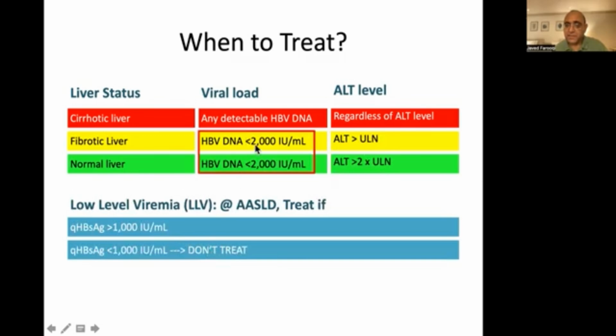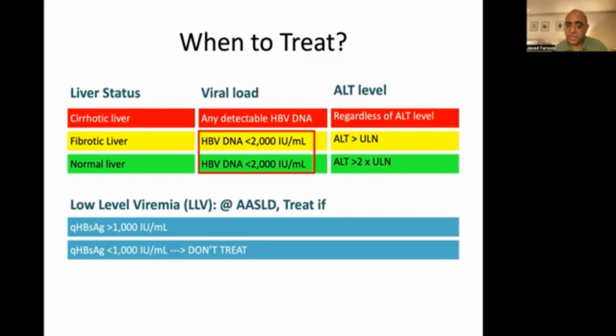If, on the other hand, the DNA is a low-level viremia, in case of fibrotic liver or normal liver, less than 2,000 units, then AASLD guideline suggests to do the HBs antigen quantification. If it is more than 1,000, you need to start the patient on treatment. But if it is less than that, then you follow up these patients to see if they qualify for the antiviral treatment long term.